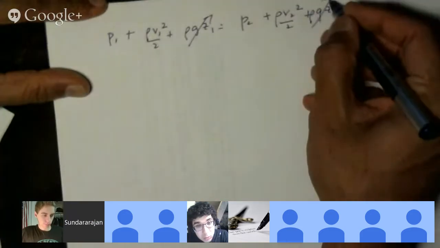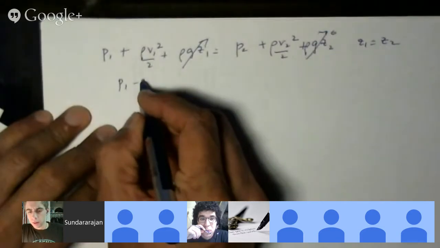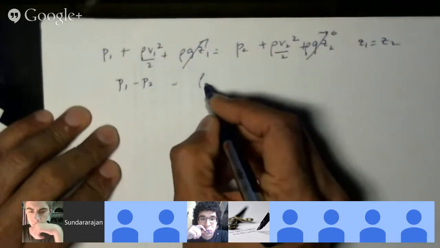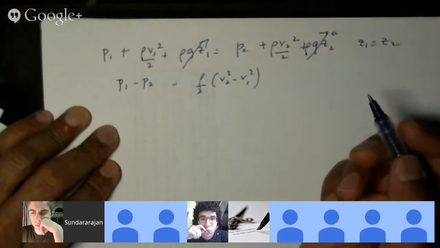That is 0 because Z1 equals Z2. Then I can write P1 minus P2 equals rho over 2 times V2 squared minus V1 squared.